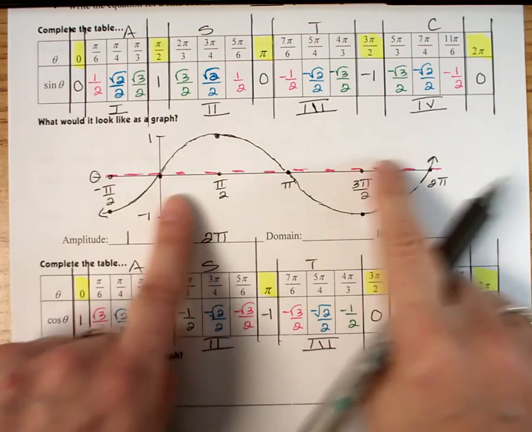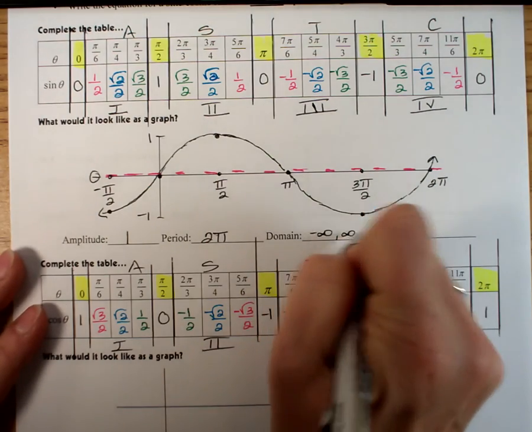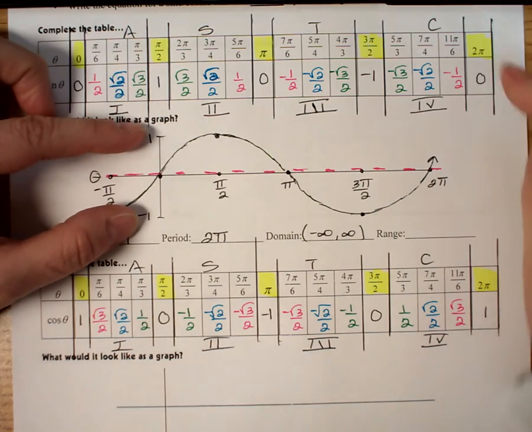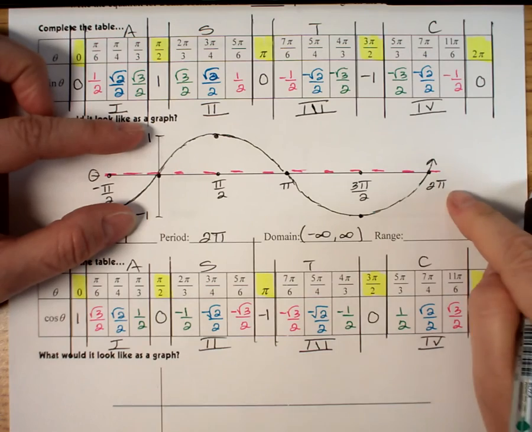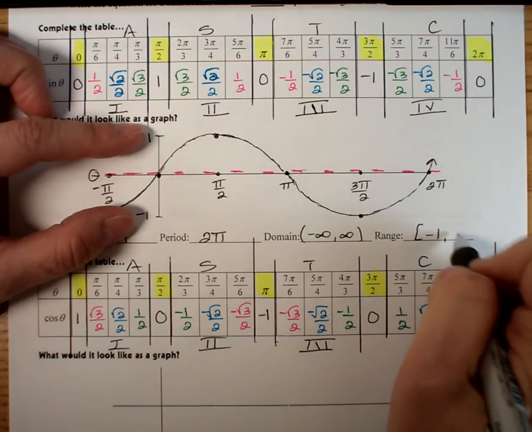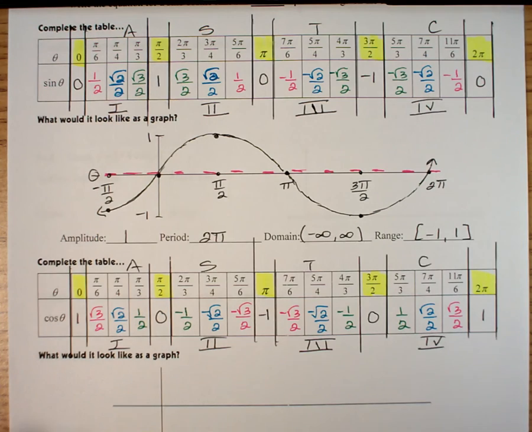As I said, this goes forever in each direction, so my domain is negative infinity to positive infinity. And my range, I can see from both my t-chart and from my graph, only goes as low as -1 and as high as +1, and it is inclusive.